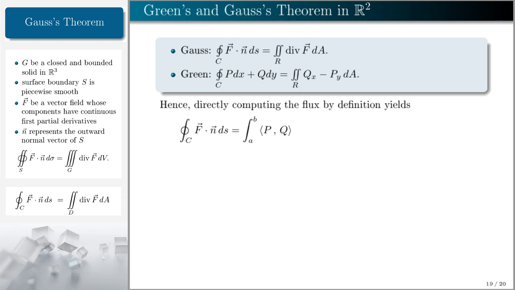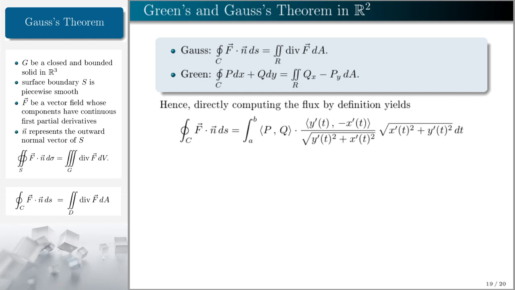If I expand it by definition, F will just be (P, Q). I'll get the dot product with the normal we have obtained before, times ds. Now, ds in terms of dt, if you recall, will just be the norm of r prime dt. And the norm of r prime is exactly the square root of x prime squared plus y prime squared, which is exactly the norm that we have in the denominator.